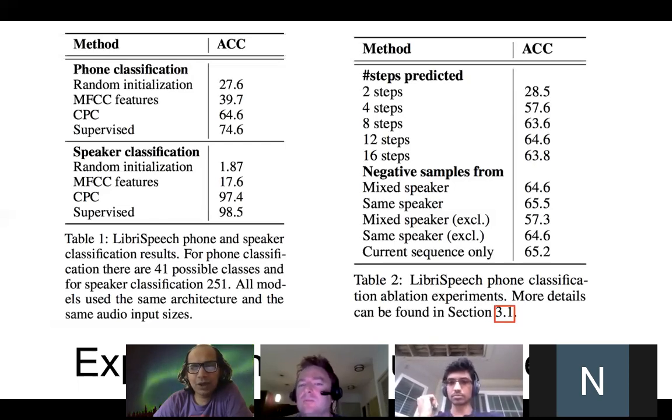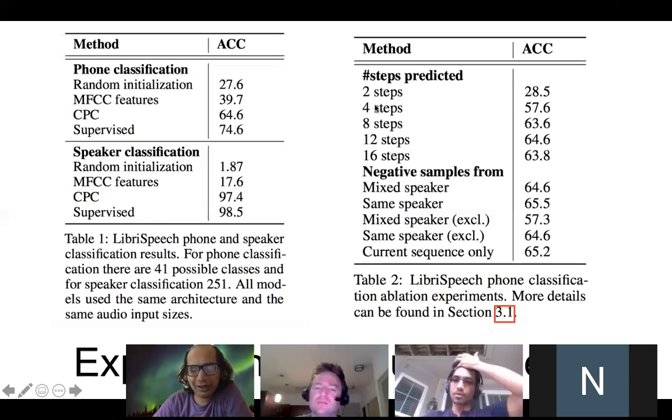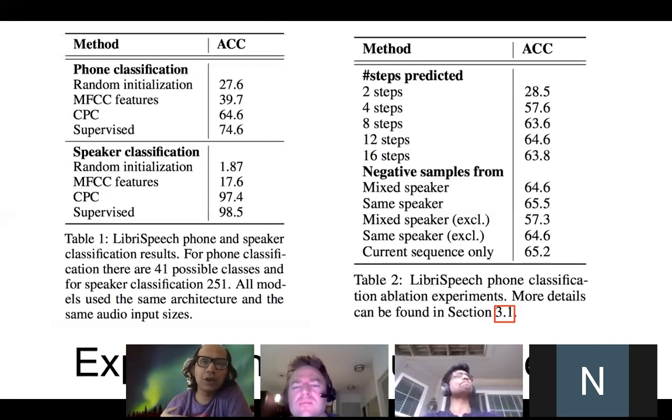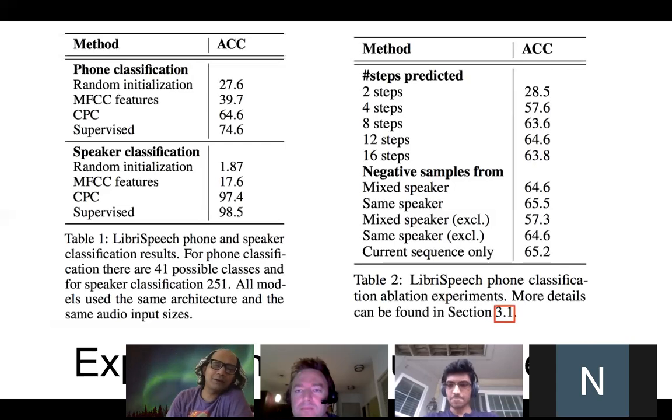If you use 2 steps, that means you are trying to relate the current context with just 2 future steps. So it may not capture enough shared information about the context, about the signal. If you capture more relevant information of your signal, then your representation will be better and your classification accuracy for downstream tasks will increase.